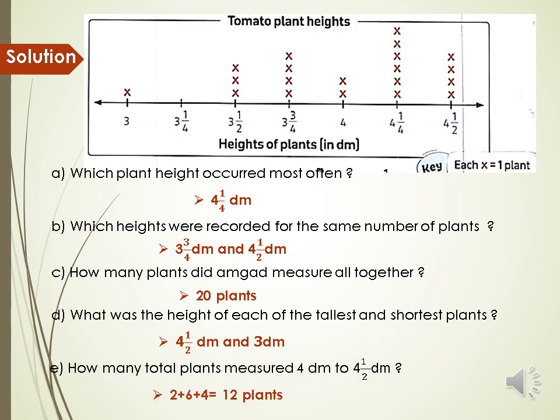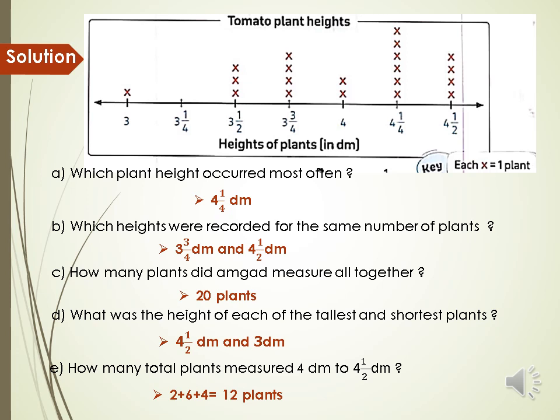By representing the data using a line plot, let's read and answer the following. Letter A. Which plant height occurred most often? From the line plot, we find that 4 and 1/4 decimeter occurred most often. Letter B. Which heights were recorded for the same number of plants?